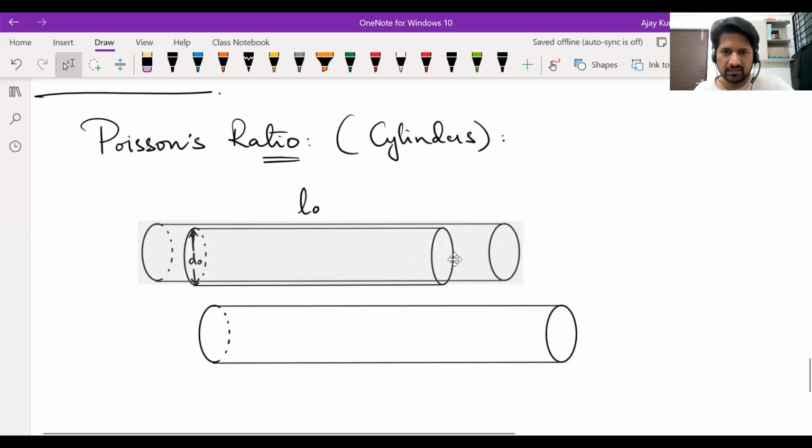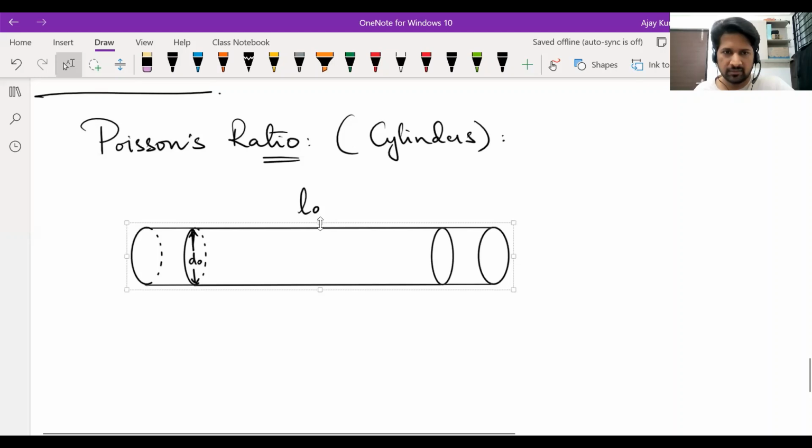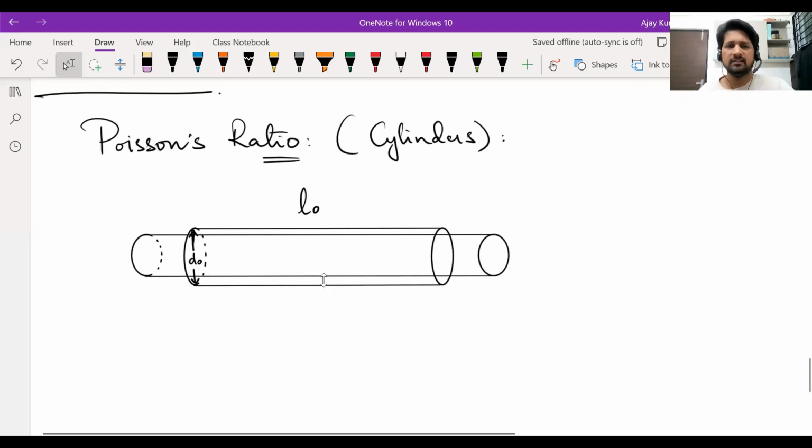But in that process of elongation, naturally, some decrease in diameter would happen. It would become thinner. You can observe this clearly in case of a rubber band. Right? So when you stretch a cylindrical wire, its diameter will decrease.